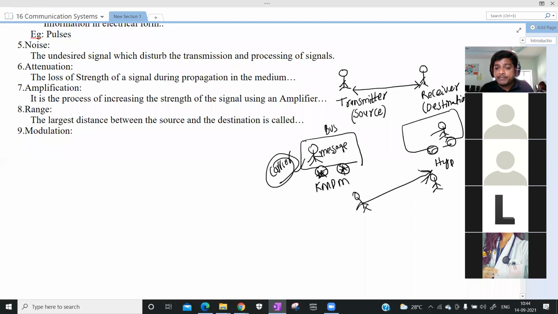We can reach, but it will take much time, and our strength also decreases. But if you use a carrier, we can reach immediately and there is no change in our strength. We cannot lose our strength. Understood?